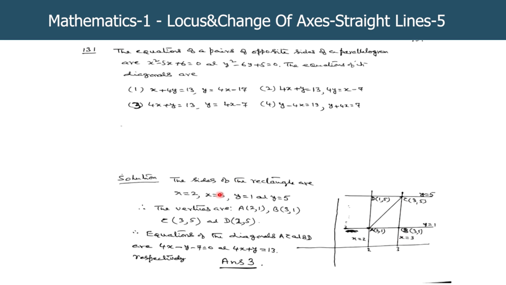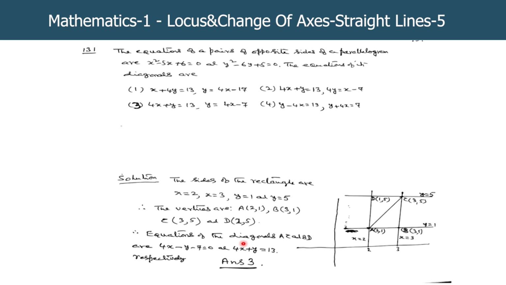And the other equation, y square minus 6y plus 5 equal to 0, if you factorize, the lines are y is equal to 1 and y is equal to 5. Those are horizontal lines. So therefore, the vertices of the rectangle are simply A 2, 1, B 3, 1, C 3, 5, and D 2, 5, while solving these equations.